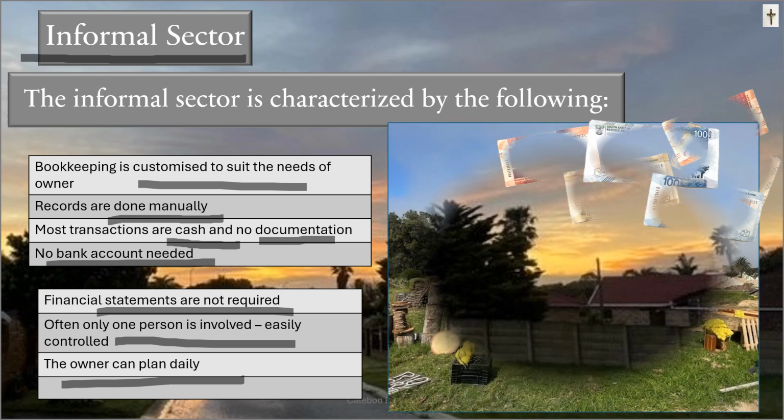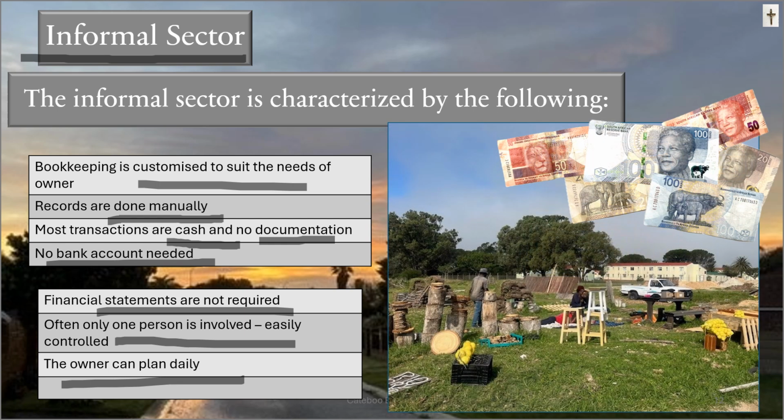So once again, just up the road, I went and took a picture of an example of informal business taking place. There you can see a lot of cash changing hands. These people are selling fruit and vegetables and wood and chairs.